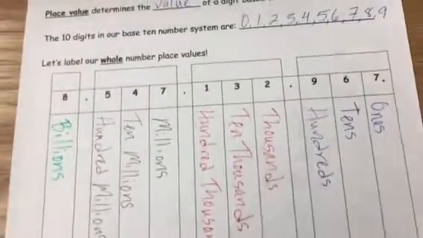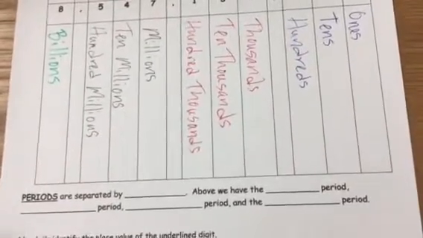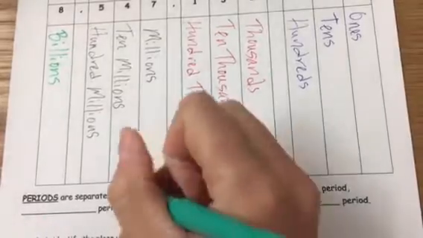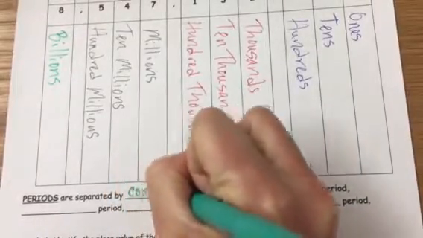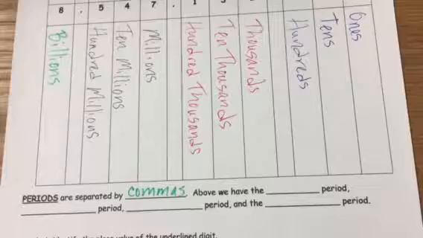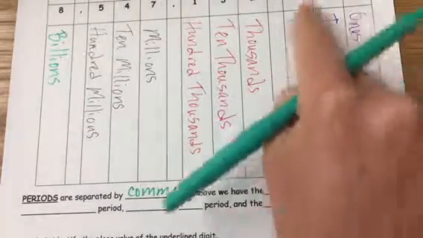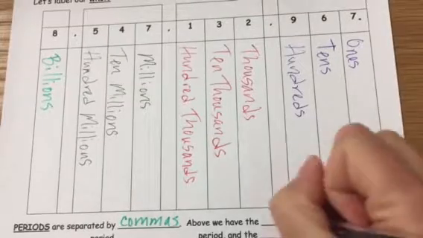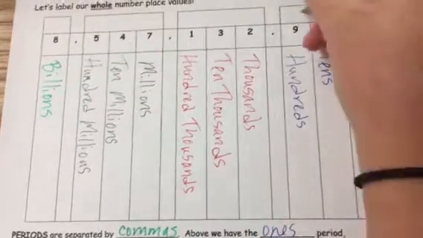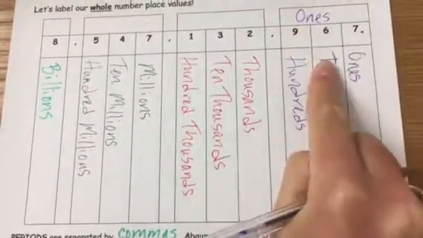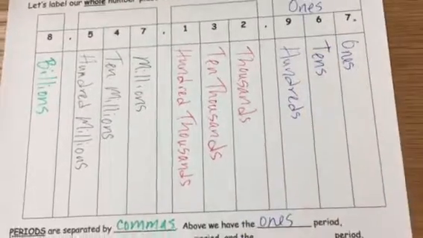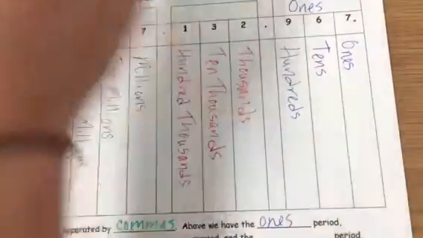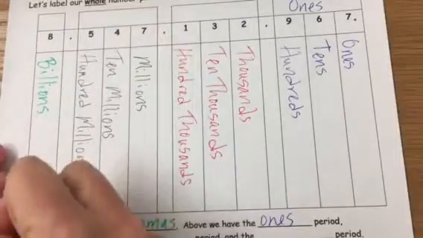Oops, sorry. So if we take a look a little further down, let's go ahead and talk about those periods. So our periods are separated by commas. So above, over here in blue, to the right, we have our ones period. So let's go ahead and label that up here. That's our ones period. As we move to the left, we enter into our thousands period.